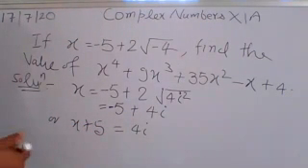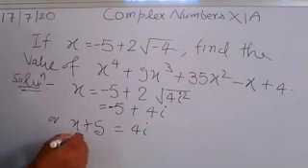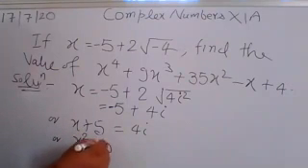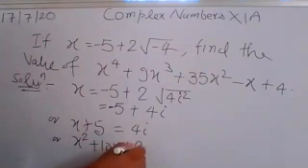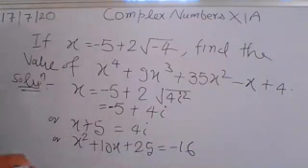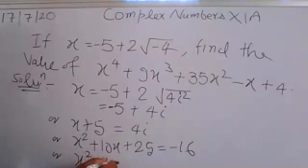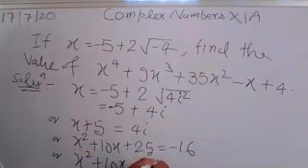Now squaring both sides, you have x square plus 10x plus 25 is equal to the square of this one, which is minus 16. Understand? And then you have your result like x square plus 10x plus 41 is equal to 0.